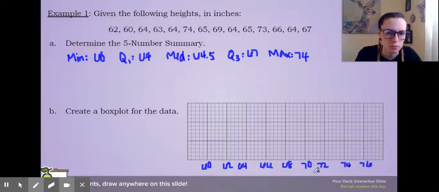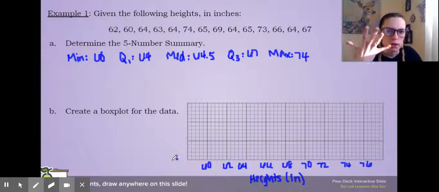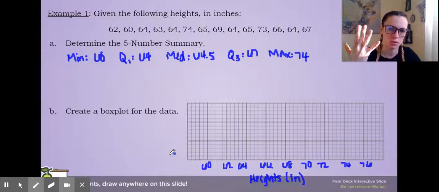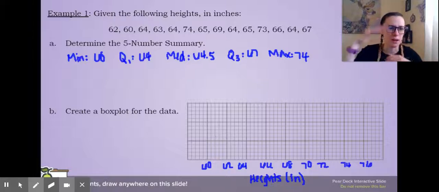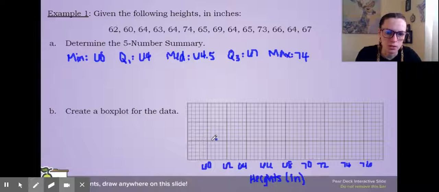And labeling my one axis, these were heights, and we usually put what they're measured in, so in inches. Next, I'll plot those 5 numbers from my big 5 summary. When you plot these, it's really up to you how high you go. I usually just try to pick one of the bolder lines and plot them on that.